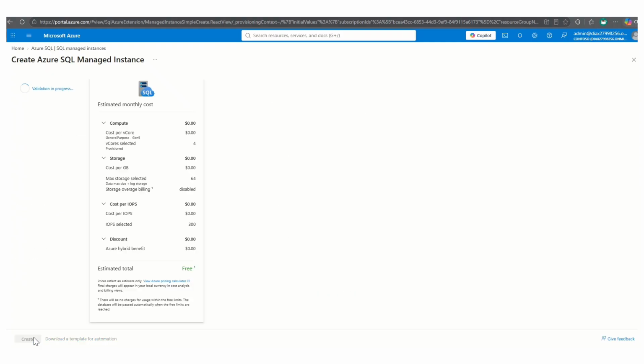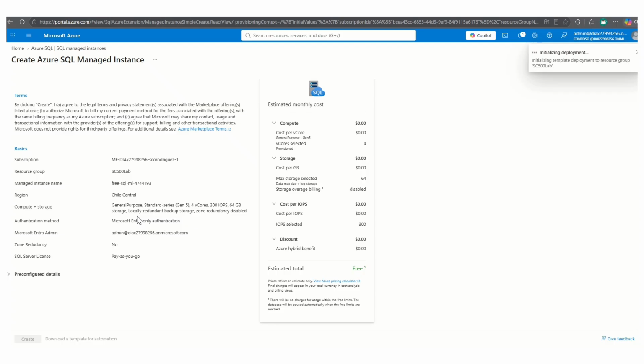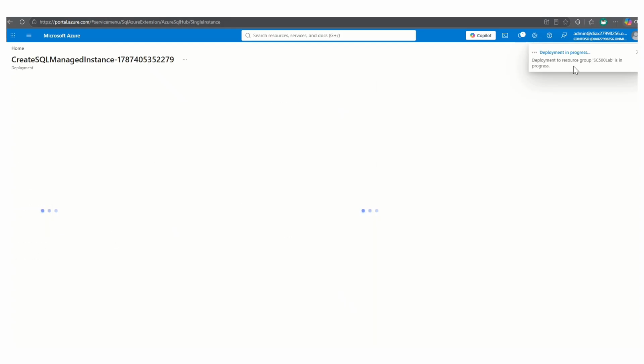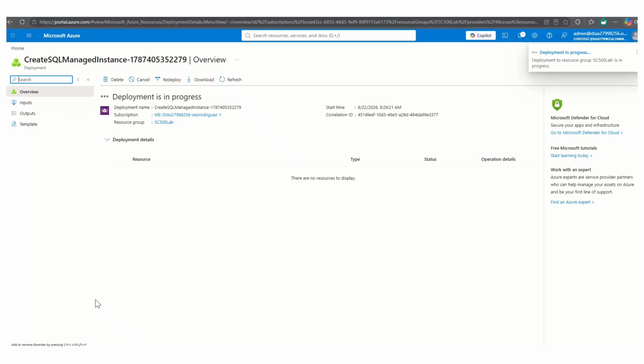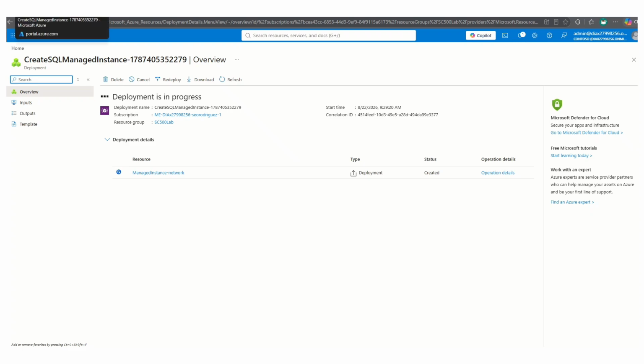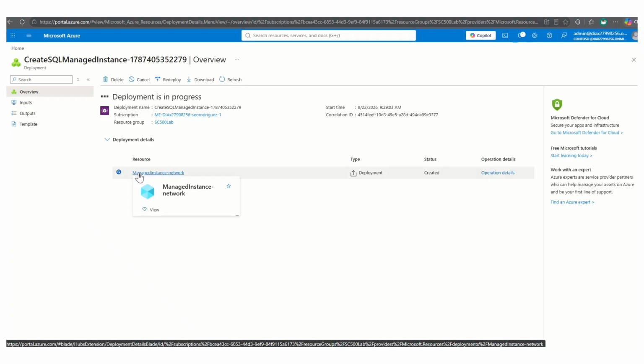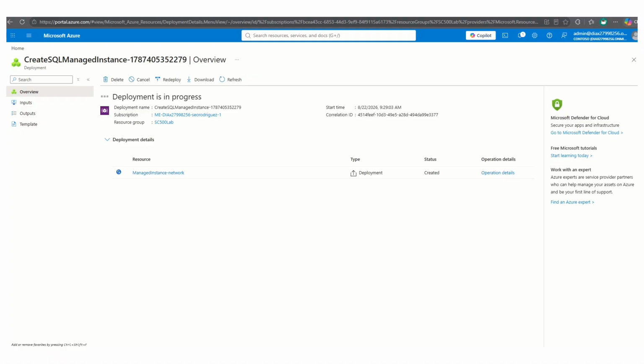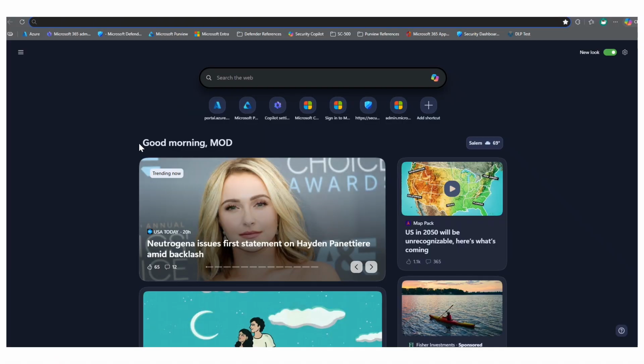I don't believe that we can do much, but at least just to look at the different components. So that's creating there, and while that processes, that's still going on over there.